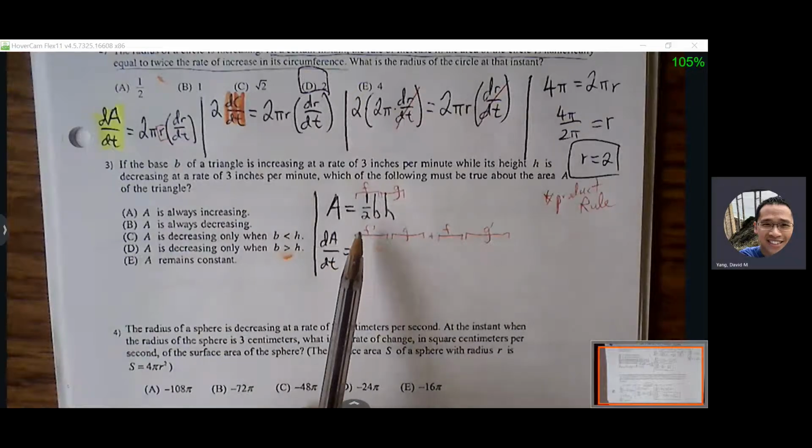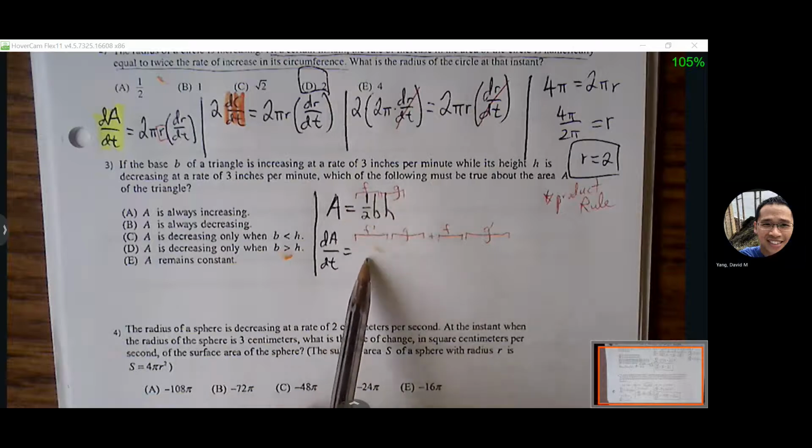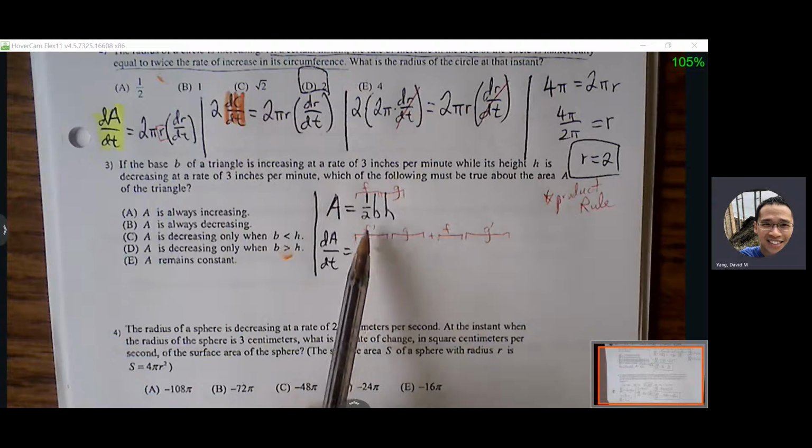Okay, f prime, what's 1/2 b's derivative? One half, and b turns into what?